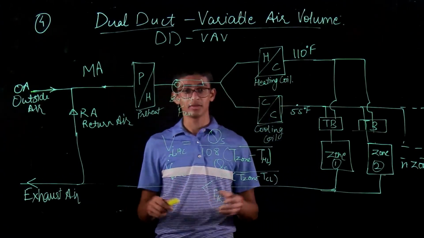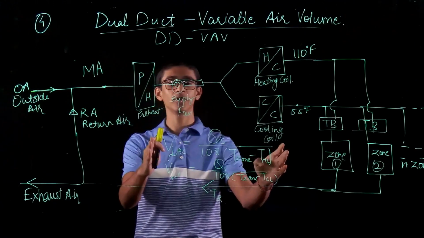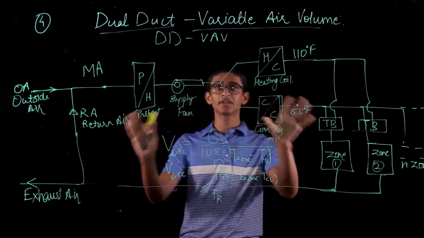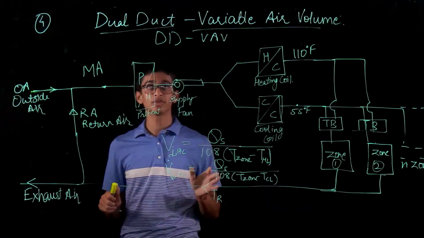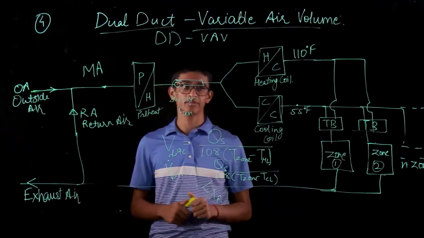And after we have the amount of cold air and hot air to be used, all other calculations are very much similar to what we have for the dual duct constant air volume.